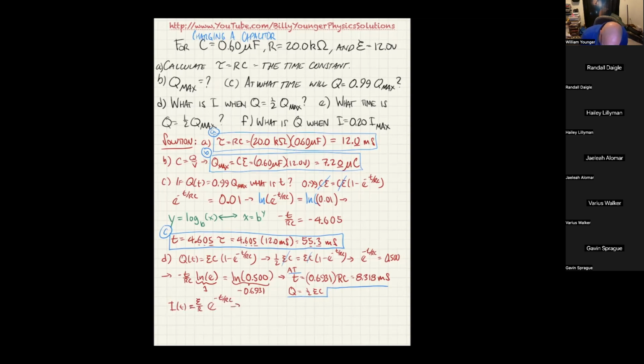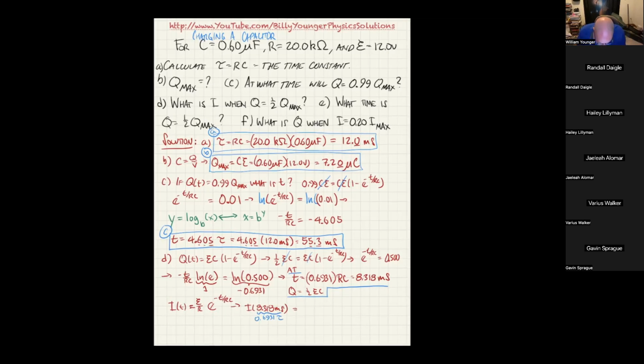So now I'm going to get I of 8.318 milliseconds, this is 0.6931 time constants.